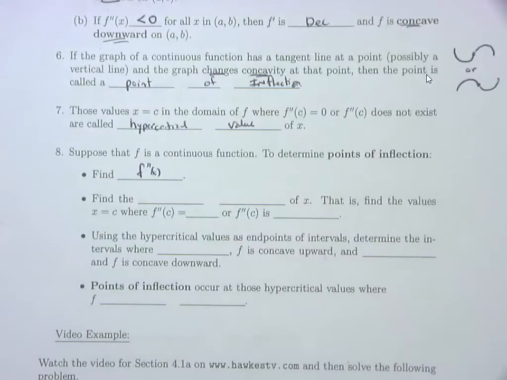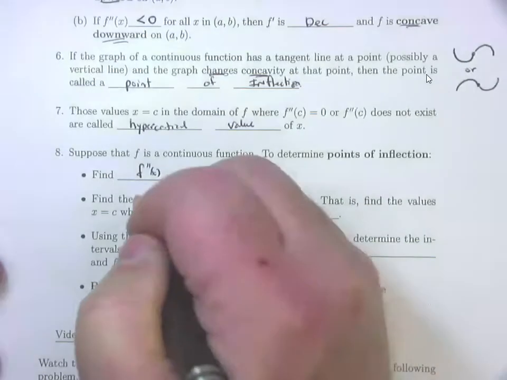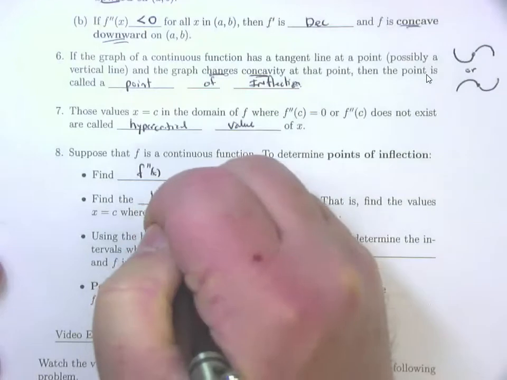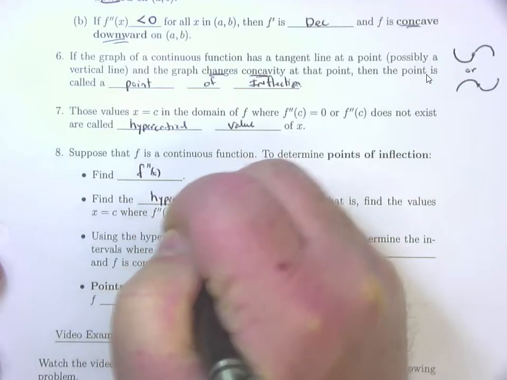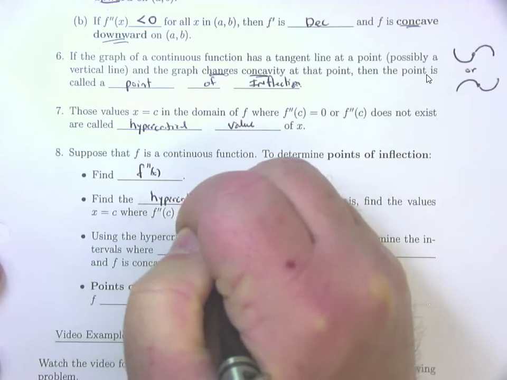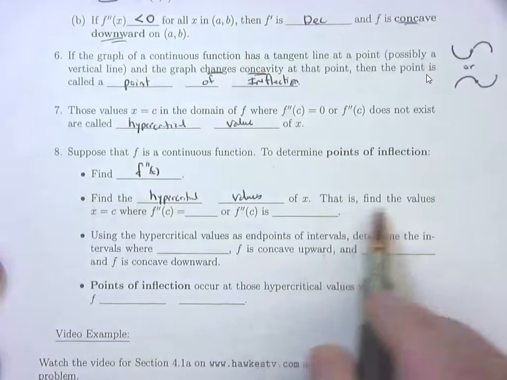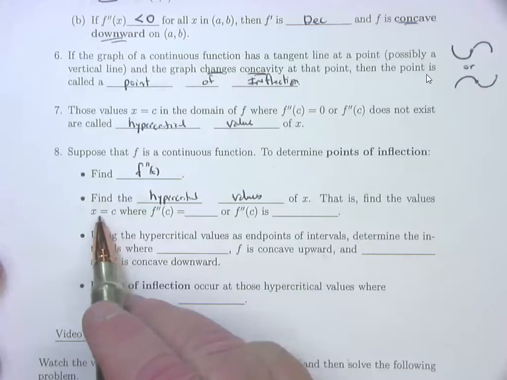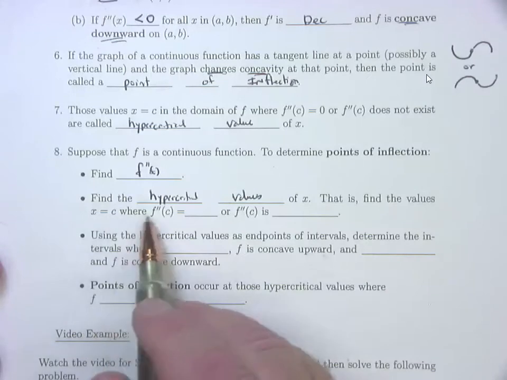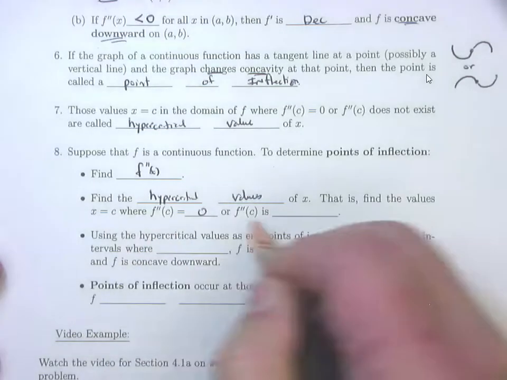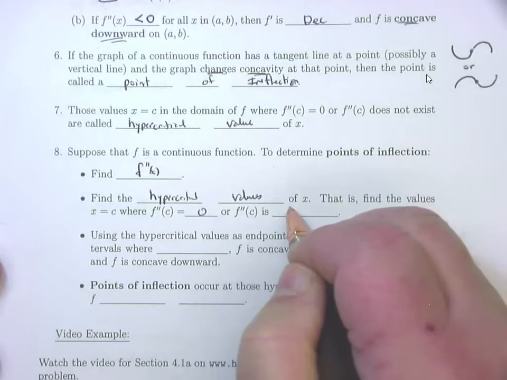Then to find these inflection points, you need to find the hypercritical values. What does that mean? I'm going to find the values where x equals c, where f double prime of c equals 0, or f double prime of c is undefined, does not exist.